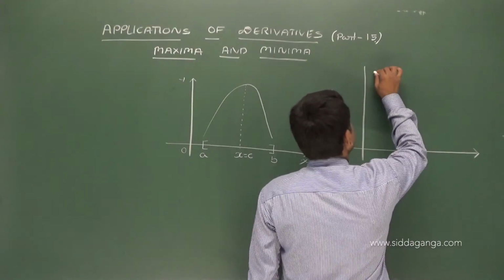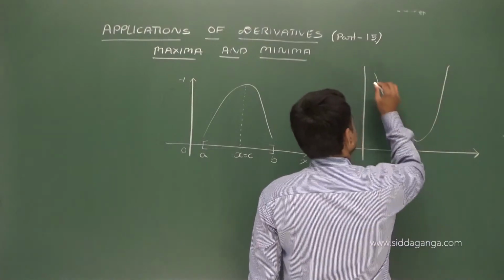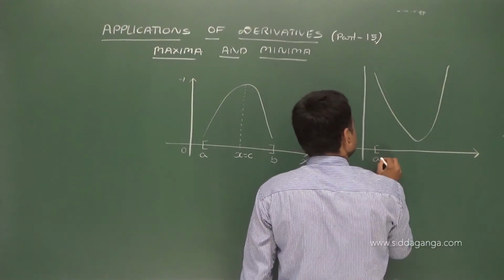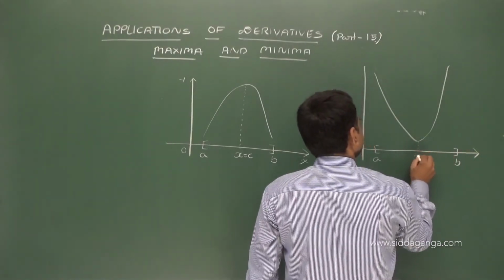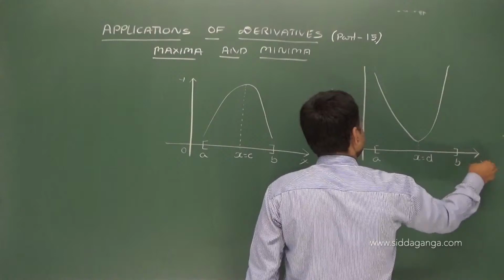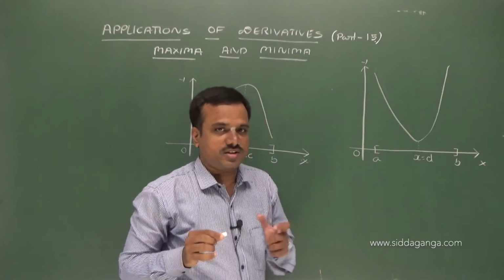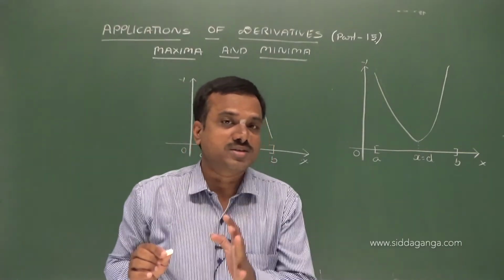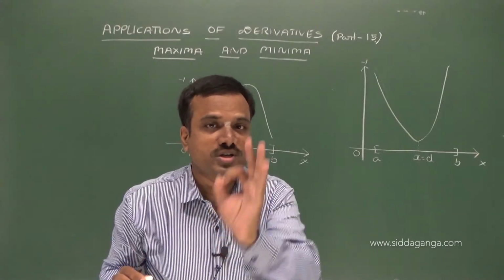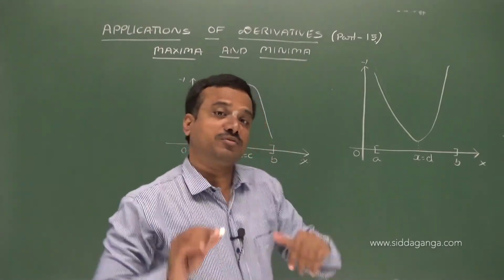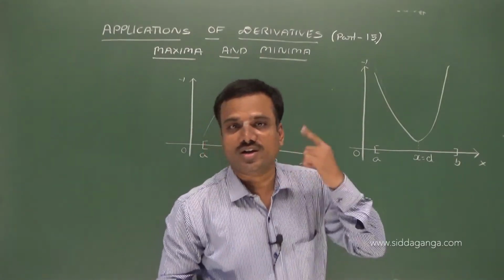One more I draw here in the same closed interval a to b, and this is the point x is equal to b. This is the x axis and y axis origin. We will see when the curve is maximum and when the curve is minimum without using derivative. After that, we will see how to find the maxima and minima using derivative.